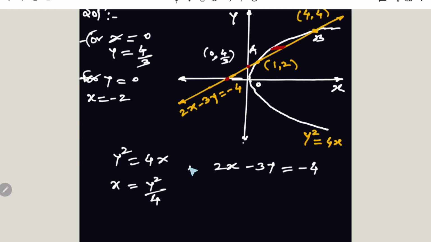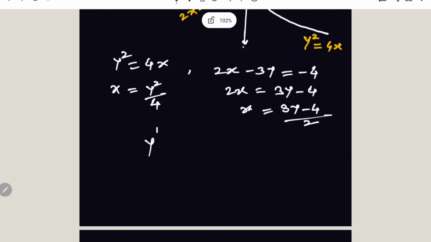Solving both equations for x, from this we get x is equal to y square by 4, and from this we get 2x is equal to 3y minus 4, and x is equal to 3y minus 4 divided by 2. Then equating these two values of x, y square by 4 is equal to 3y minus 4 by 2.